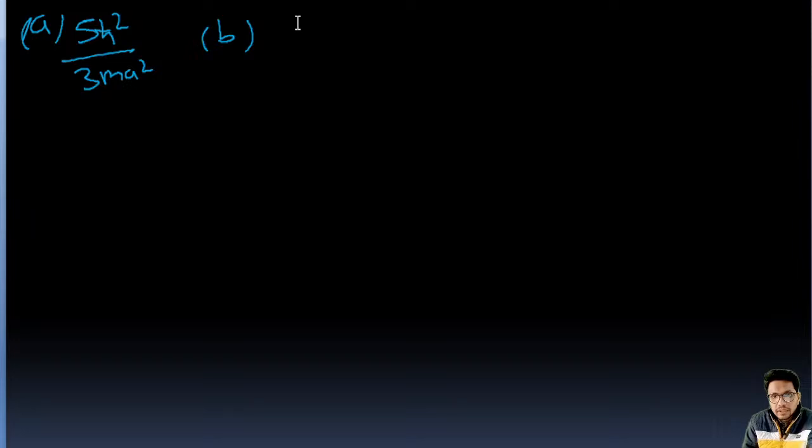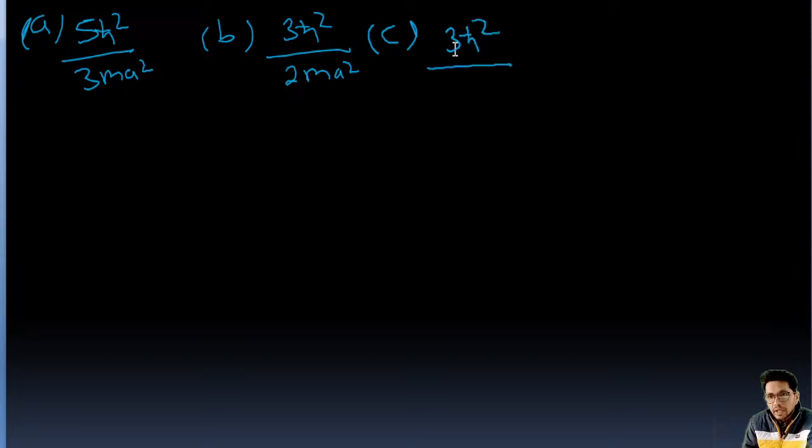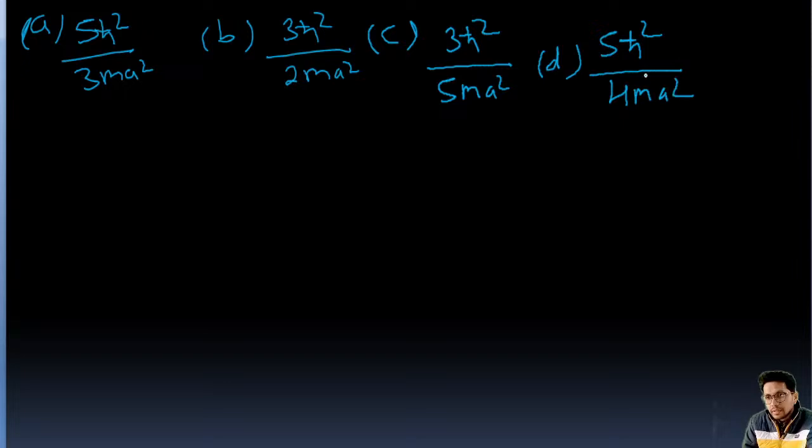Option B is 3ħ² upon 2ma². Option C is 3ħ² upon 5ma². And option D is 5ħ² upon 4ma². Okay, so this is the question.